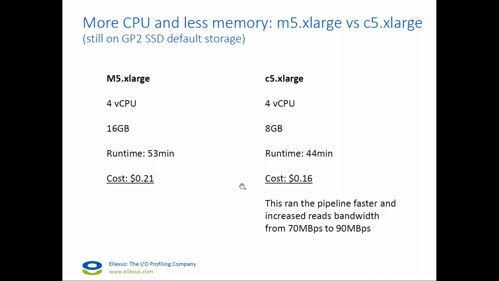So this not only ran the pipeline faster, but also we were able to get 90 megabytes per second out of the GP2 storage, as opposed to 70, which is what we got with the slower CPUs. So it just shows as well, even when it looks like you are memory bound or CPU bound or IO bound, you need to tweak all 3 variables to find out.